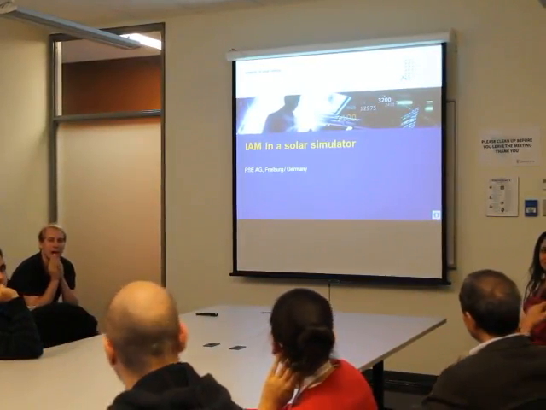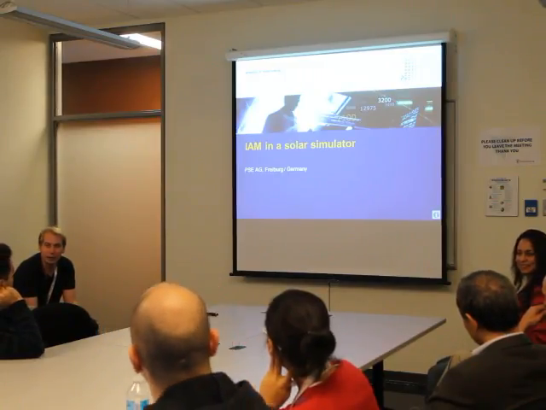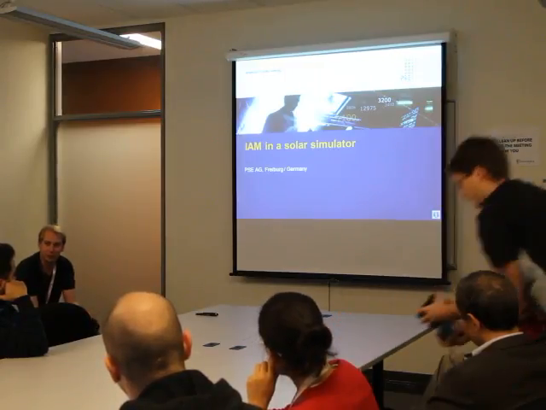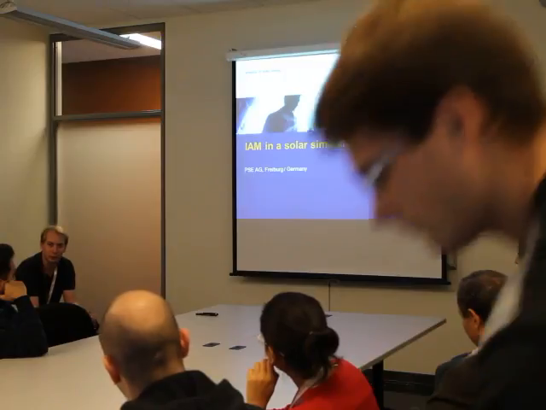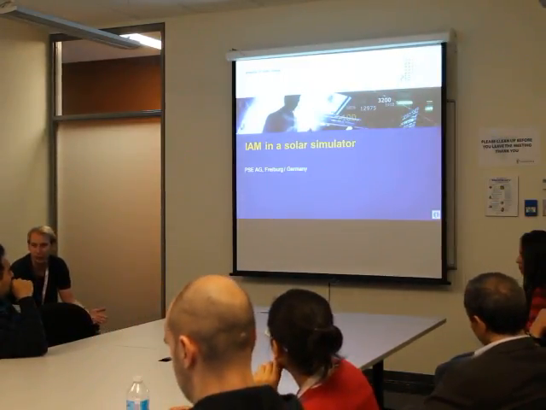Okay. We already talked a bit about incident angle modifiers, and I just want to make sure everybody knows what an incident angle modifier is, and what is possible with a solar simulator and what's not possible with a solar simulator.